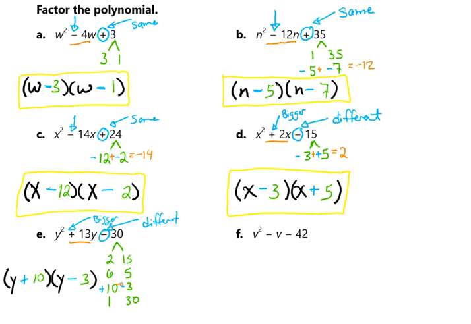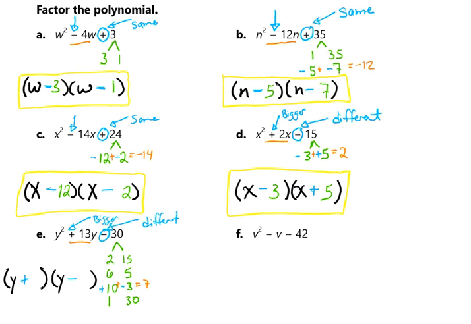So if I have a negative 10 and I add that to a negative 3, that's going to give me a positive 13. Wait a minute, that didn't work, because that doesn't give me a 13. That gives me the number 7. So that won't work. So 10 and 3 are not going to be our choices.